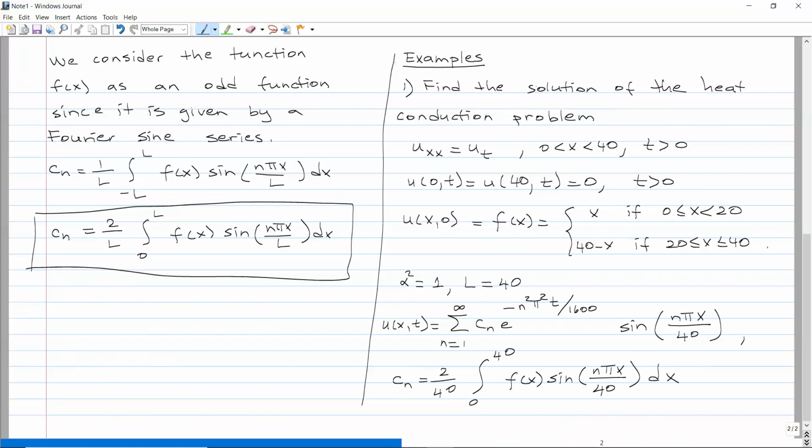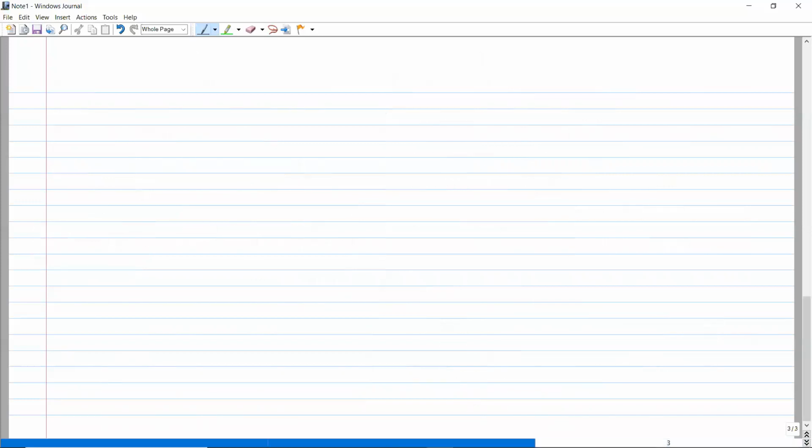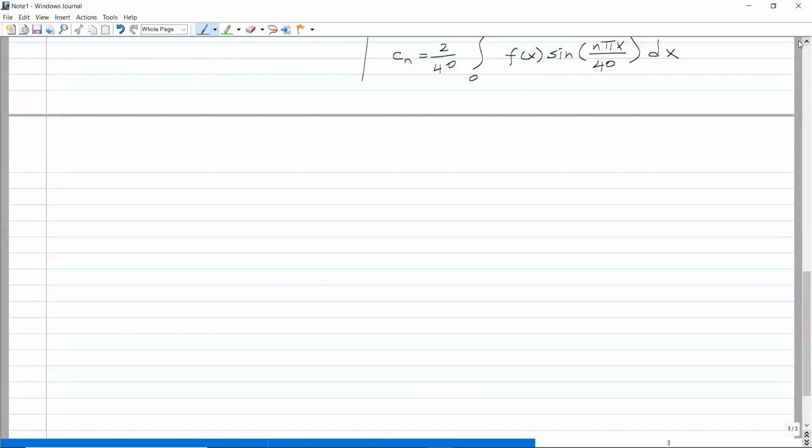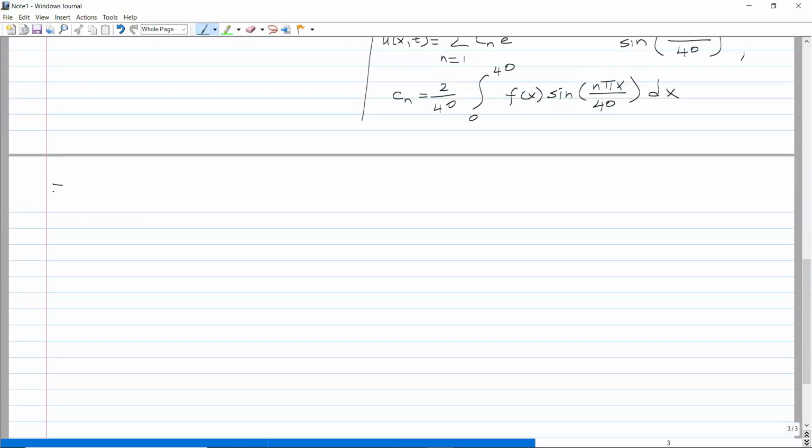Okay, so to find the constants, now we need to figure out this integral. f is given with 2 different formulas for x between 0 and 20 and between 20 and 40. So we need to break this integral up into 2 parts. So we continue, C_n is equal to 2 over 40, so it's 1 over 20.